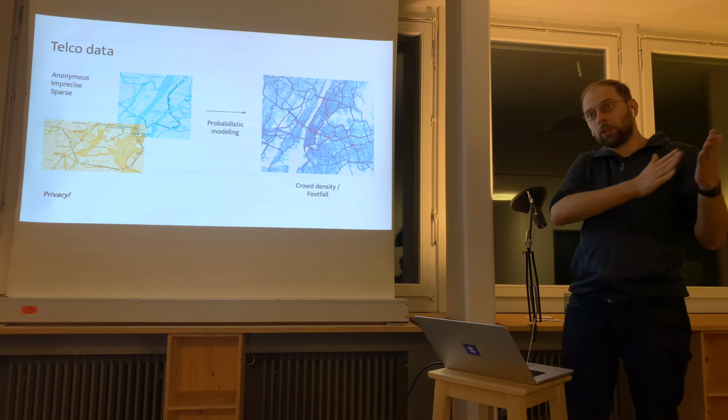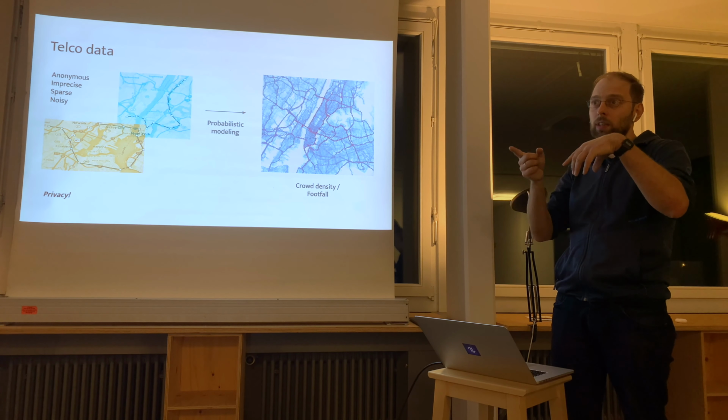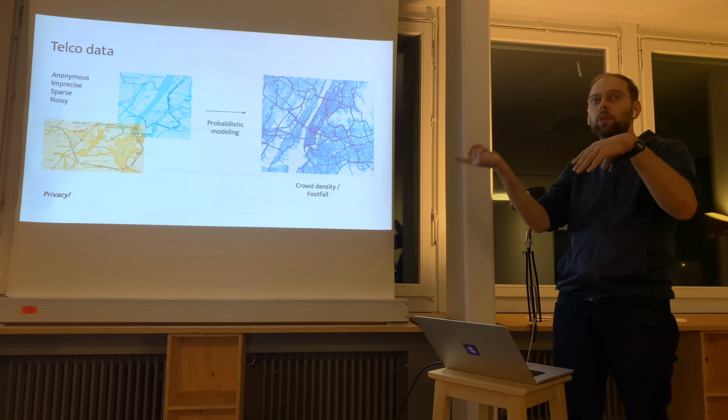And it's noisy. There are many effects like the ping pong effect. If you are in an area served by multiple cell towers, then even if you are stationary, you can jump from one cell tower to another. So there are many issues with the data, which the modeling tries to account for. It also makes it more difficult to identify the people.